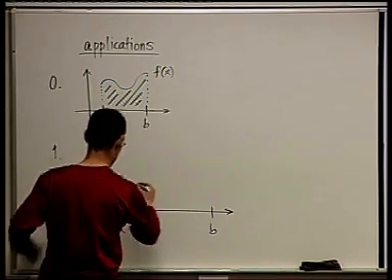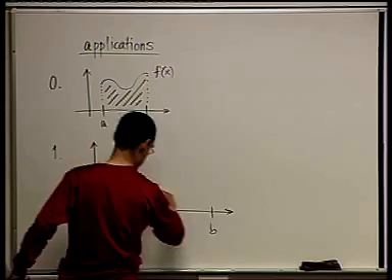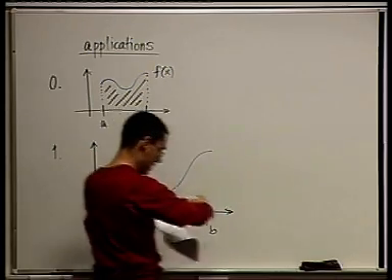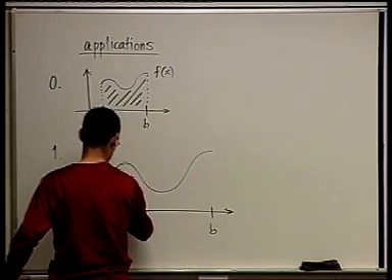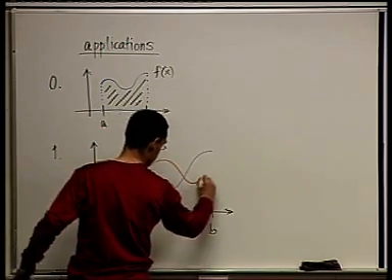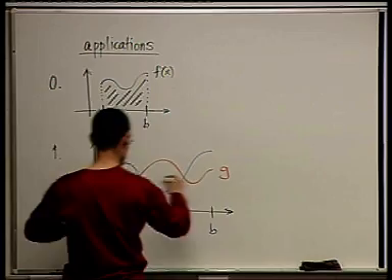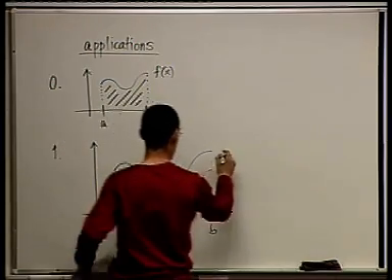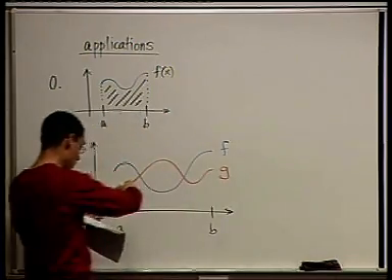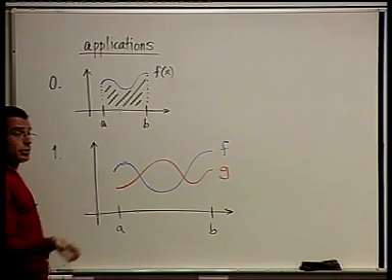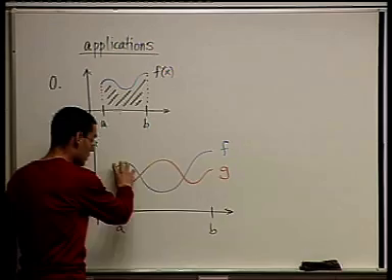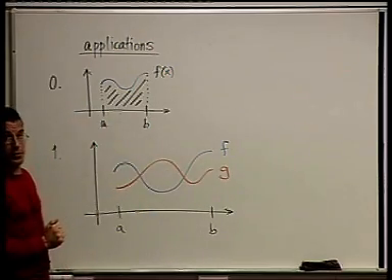Let's say f is something like this, and let's say you have another function, g, which is something like this. So this is g in orange and f in blue. And what you're interested in now is not the area under the graph, but the area trapped between the graphs.